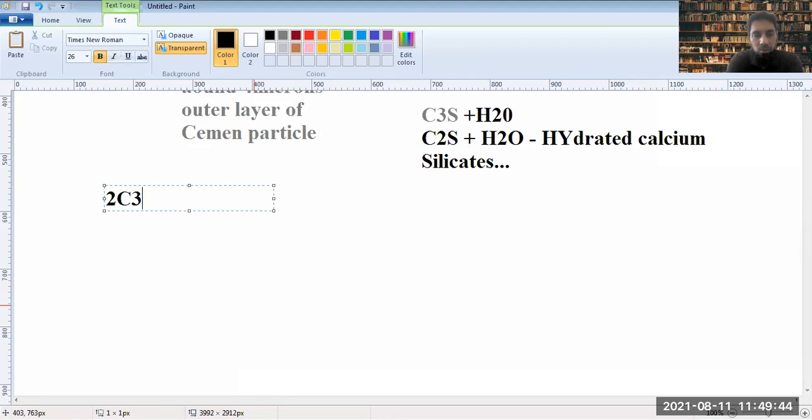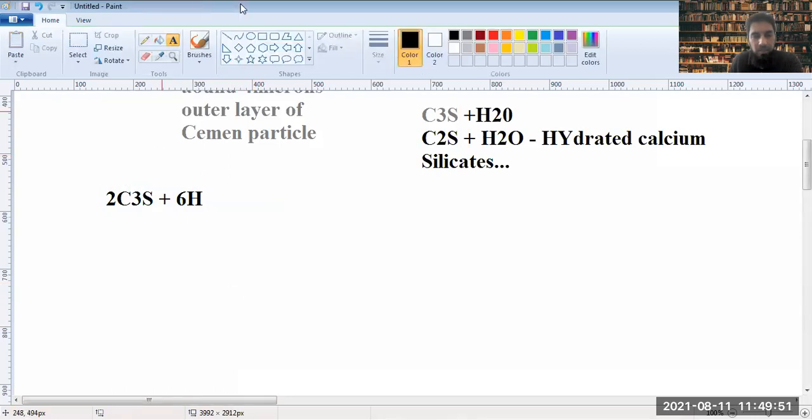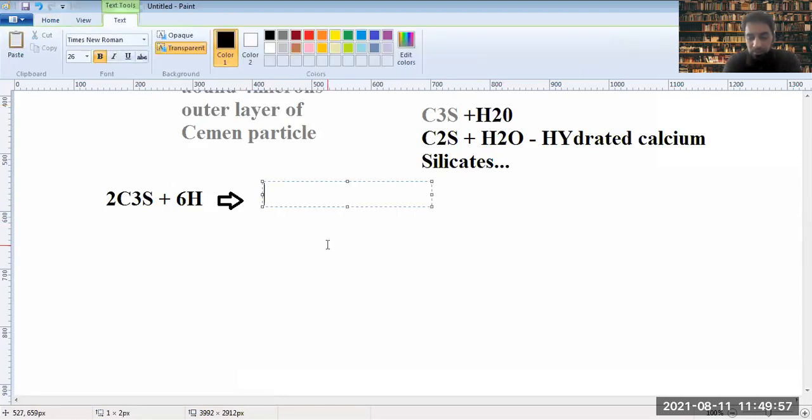So you have 2C3S plus 6H. This is the chemical reaction. It's leading to C3S2H3 plus 3CaH2.